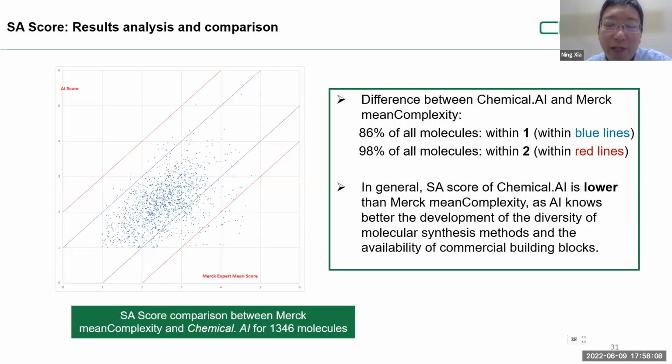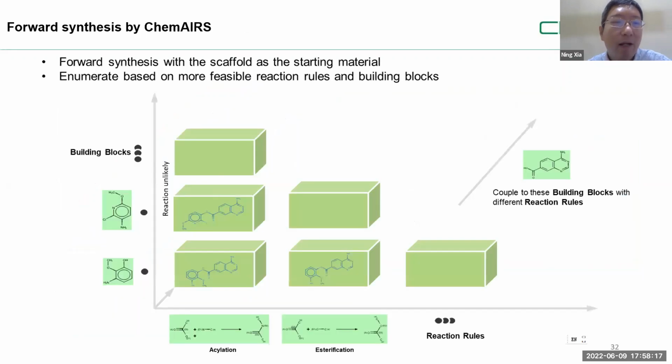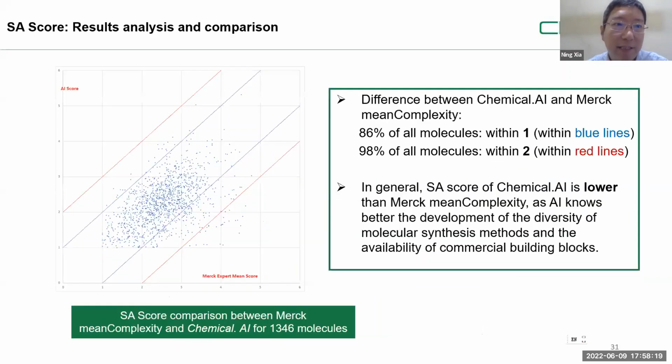So in this case, we can say AI could perform equivalent to and even better than human chemists. Just to mention, this assay score works very fast. We can evaluate 100,000 molecules in 8 hours of calculation.